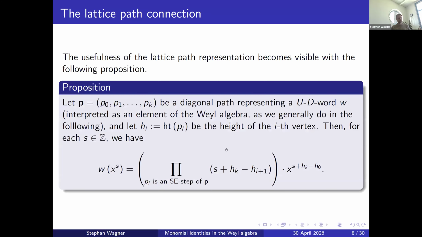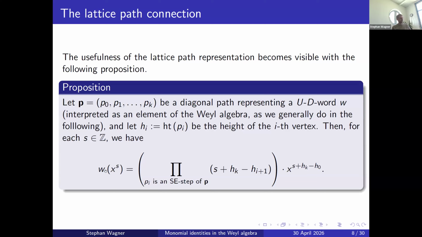Now, why is this lattice path representation actually useful in our context? That should become clear, hopefully, with the following proposition, which directly relates what a UD word, interpreted as an operator acting on polynomials, does to a particular power x to the s. Every UD word can be interpreted as an operator acting on polynomials, so you can ask what it does to a power x to the s.